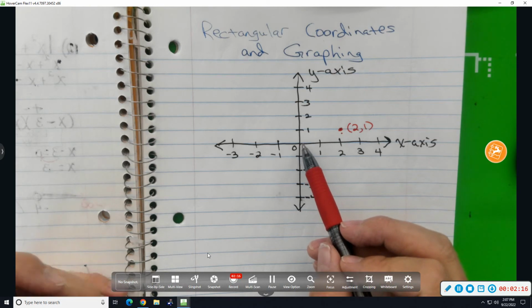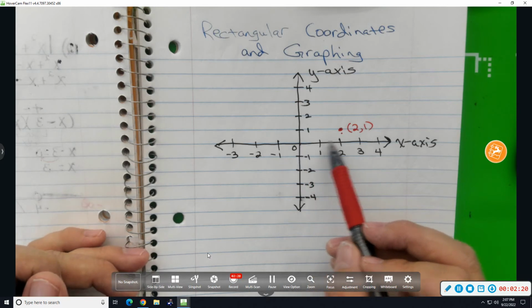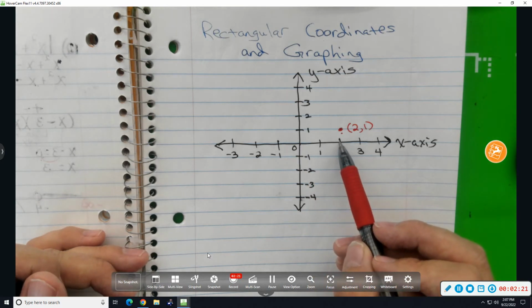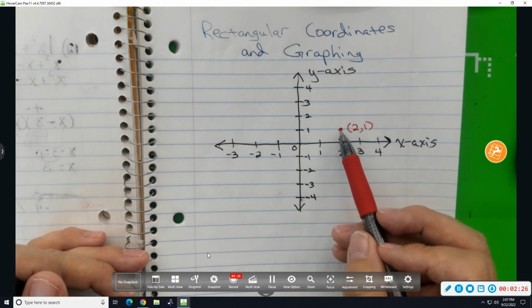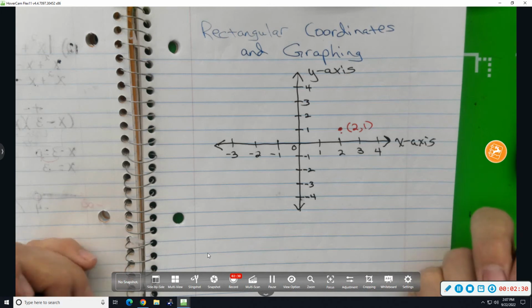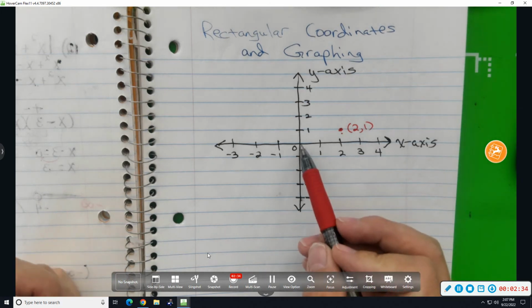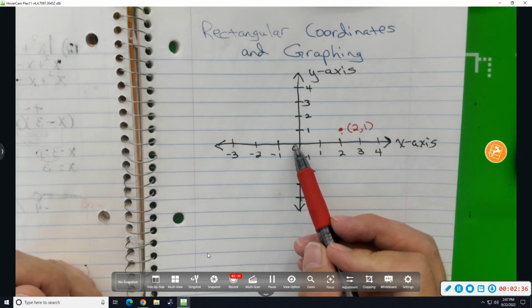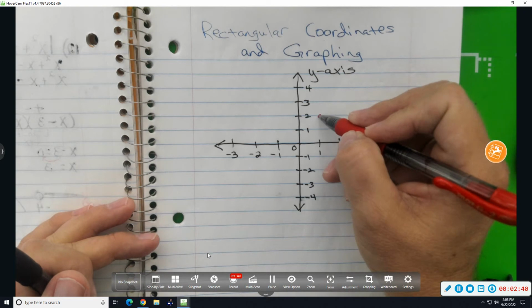That's referred to as the origin. You'd go 2 units to the right to get positioned right underneath that dot, and then you'd go up 1 unit, hence the ordered pair 2, 1. Compare that to the ordered pair 1, 2. With 1, 2, you'd start at the origin, go 1 unit to the right, and 2 units up.